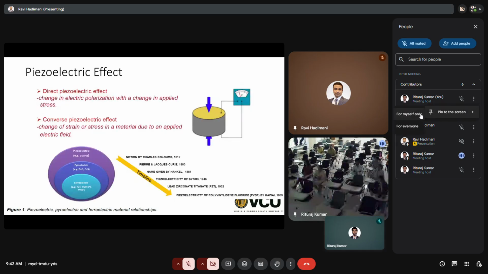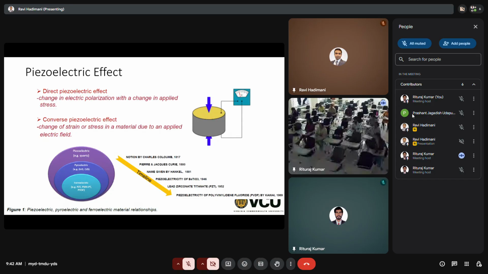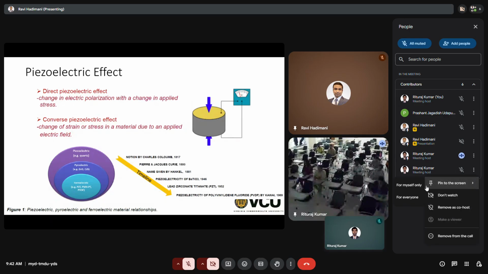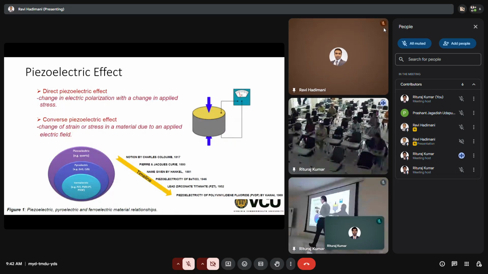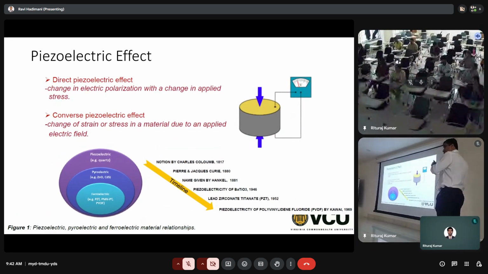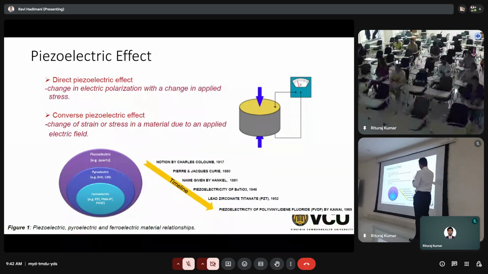Okay. So the direct piezoelectric effect is when you apply a stress, you get a change in electric field or change in voltage. That is the direct piezoelectric effect.